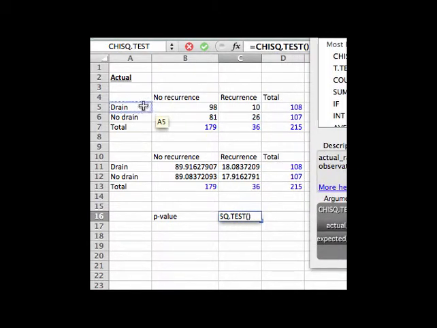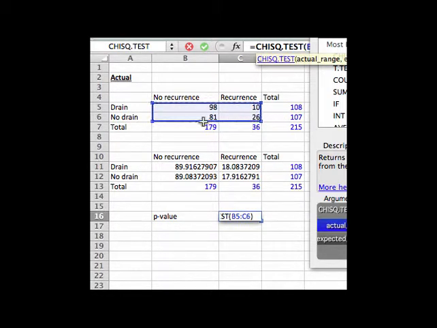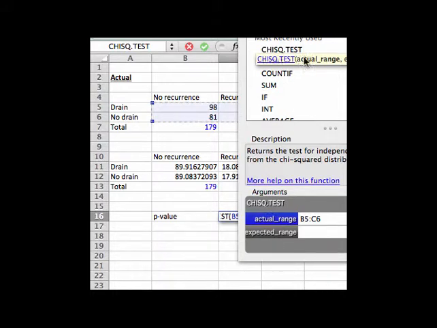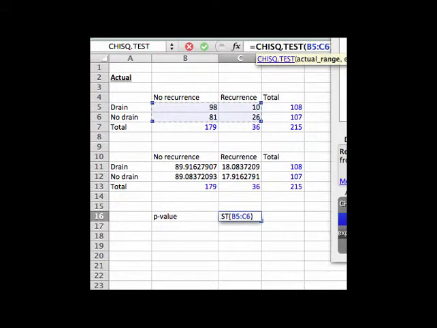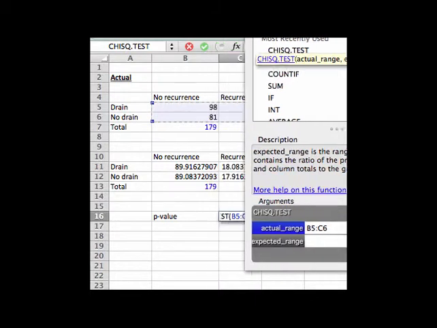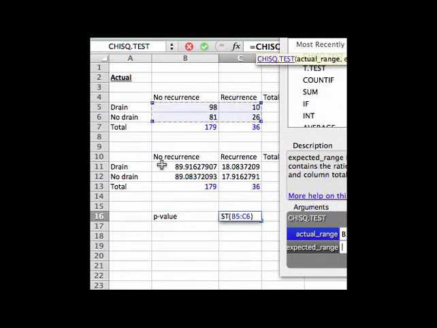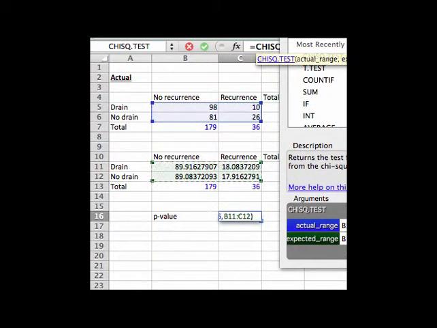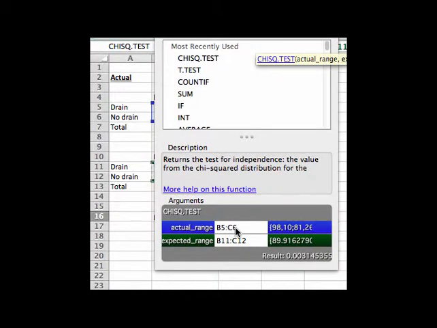So I highlight these 4 cells for the actual range, and then the expected range. I just move my cursor to the expected range and then highlight these 4 cells, the values that we calculated. So here we can see the actual range was B5 to C6, and the expected range, the 4 cells B11 to C12.